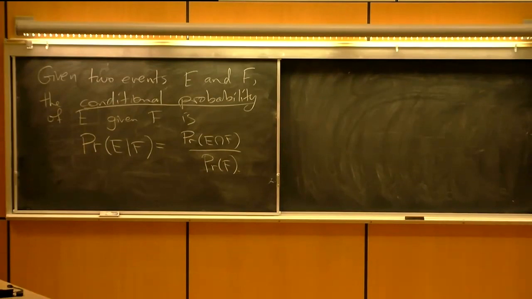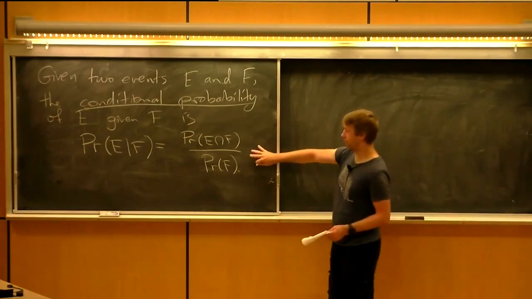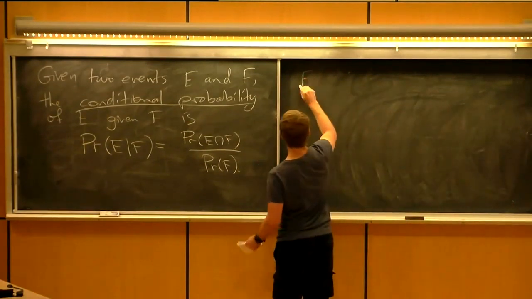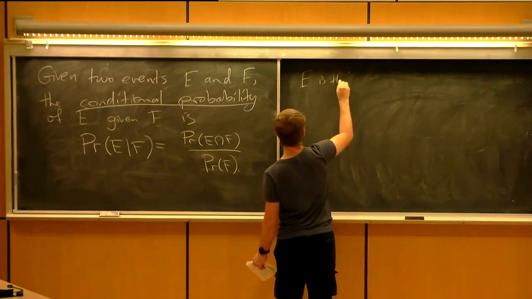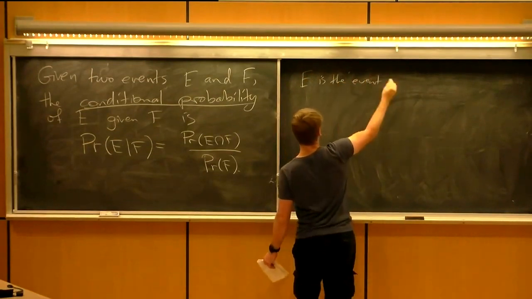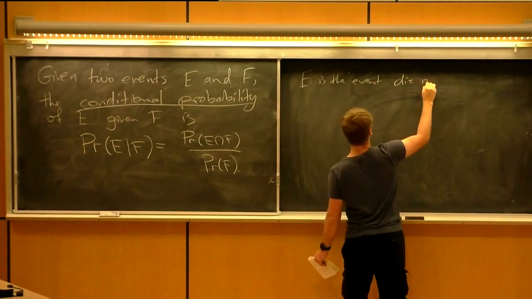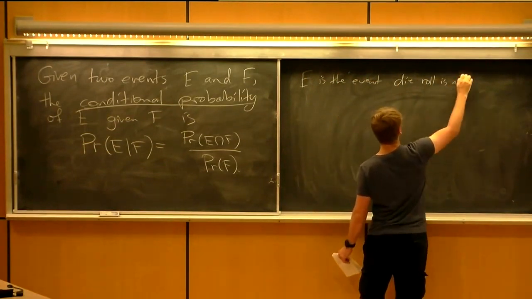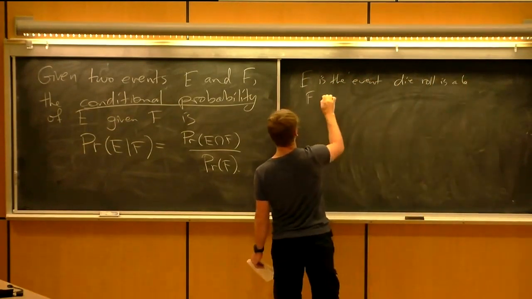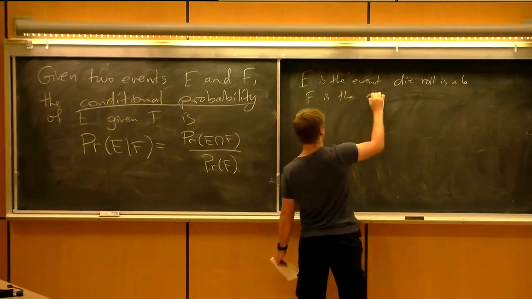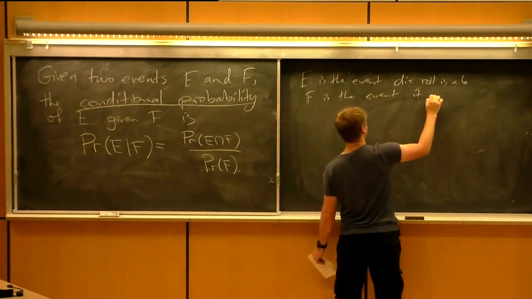There are 3 possibilities that are even numbers. But let's check this formula. So suppose E is the event that a die roll is a 6, and F is the event that it is even.